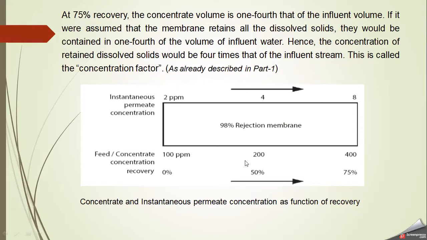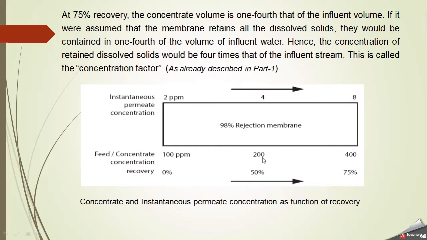As the process goes on, when we get 50% recovery, the concentration of the dissolved solids becomes double, 200, and if the membrane is working at 98% rejection, then the instantaneous permeate concentration is 4 ppm. And if, at the 98% rejection membrane, the recovery increases to 75%, then the feed concentration becomes 400 and only 8 ppm will be present as dissolved solids in the permeate.